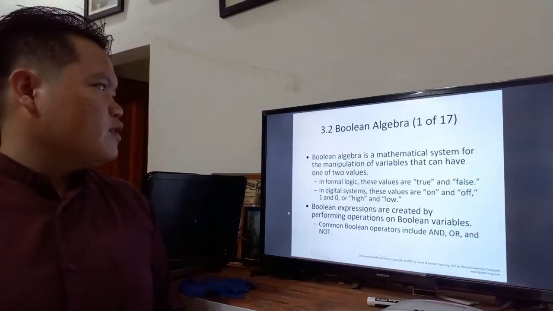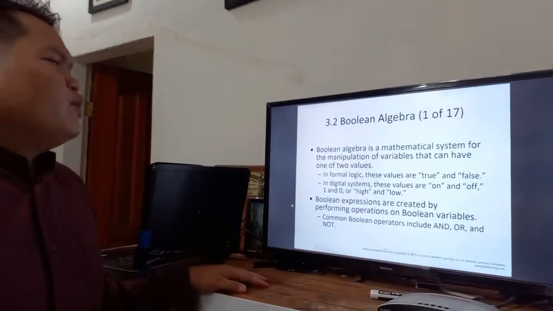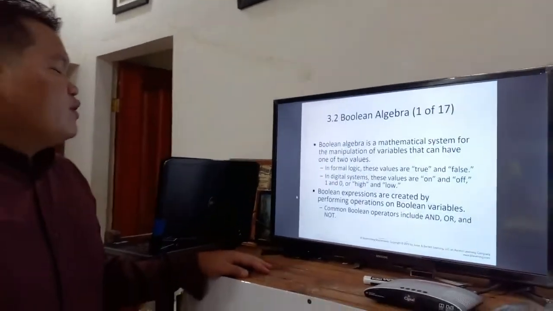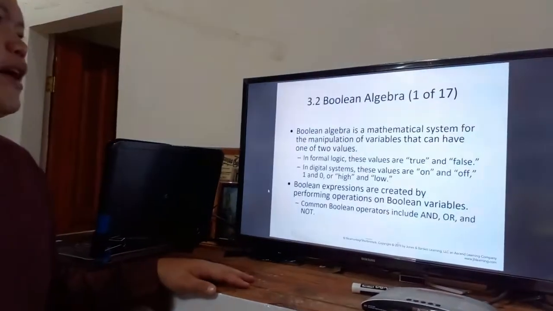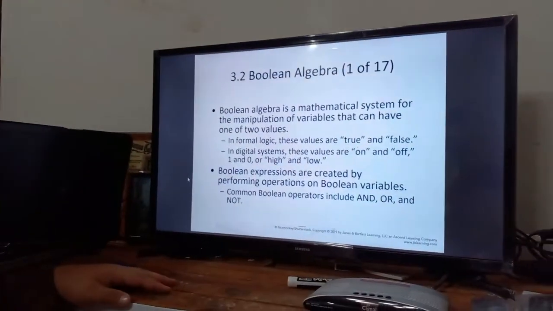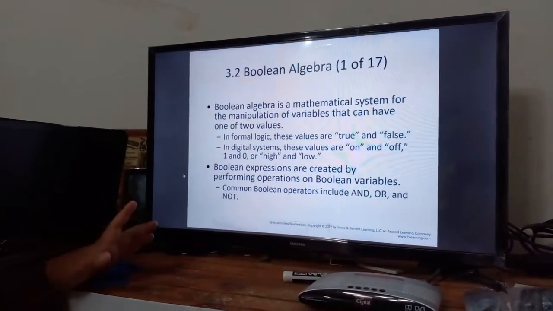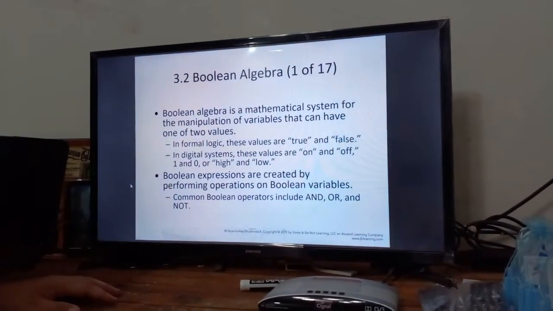Let's talk about Boolean algebra. What is Boolean algebra? Boolean algebra is a mathematical system for the manipulation of variables that can have one of two values. In formal logic, these values are true and false.